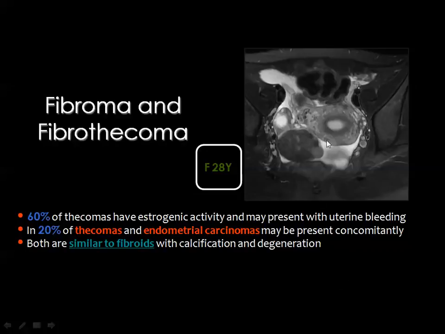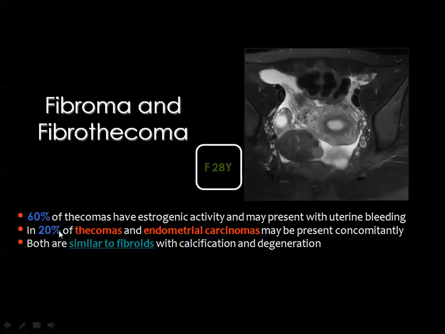This is the uterus, as you know, and this is the ovarian mass, which is of low signal in T2 weighted images. Sometimes it is almost similar to the fibroid, which is the leiomyoma, and it may contain calcium and undergo some degeneration similar to the fibroid seen in the uterus.